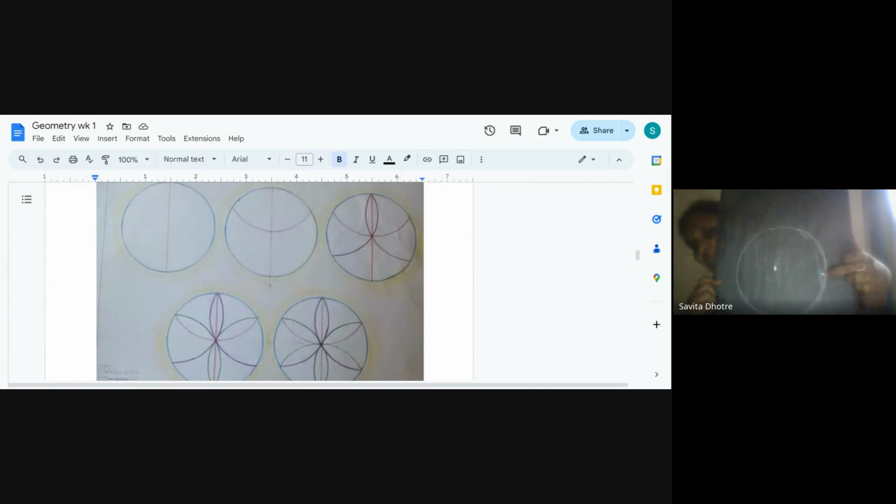And there, don't change the radius of your circle at all. Whatever your radius is, that is going to stay. And from this point, with the same radius, I want you to just cut it on the circle.